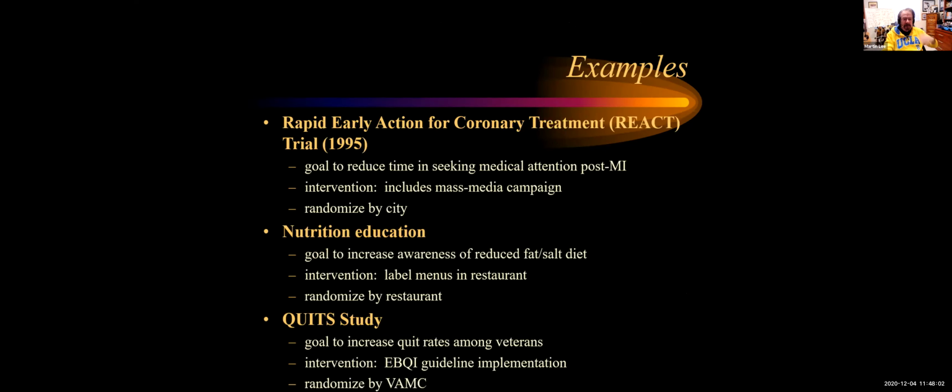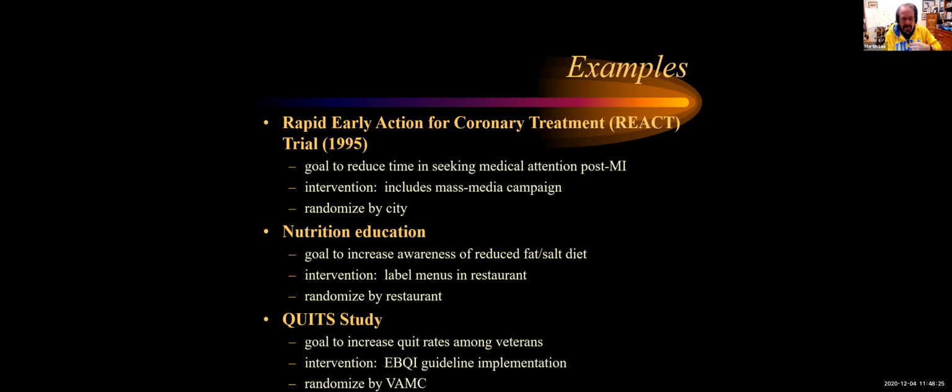So here are some examples of trials that have used this kind of methodology. A trial done in '95, Rapid Early Action for Coronary Treatment, was about getting people to seek medical attention when they feel, or someone notices someone having, an MI or a heart attack.